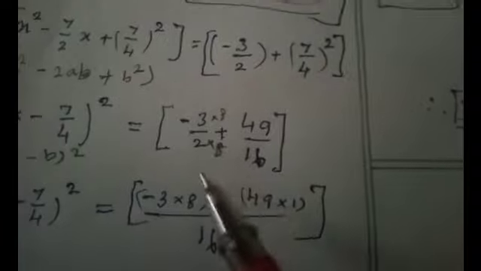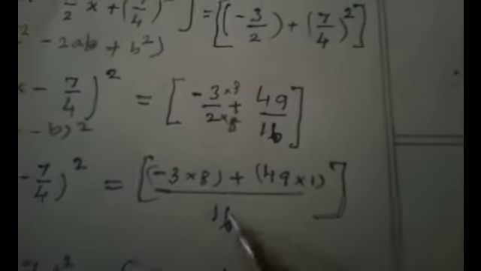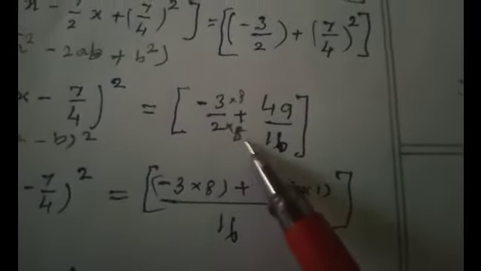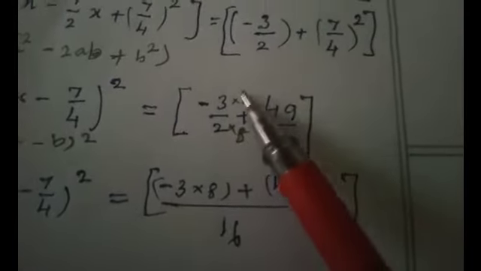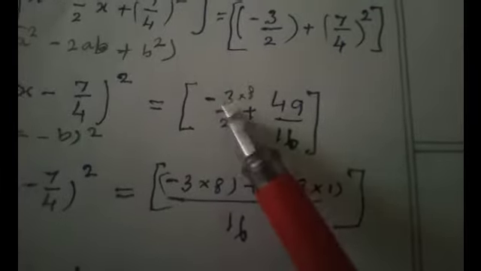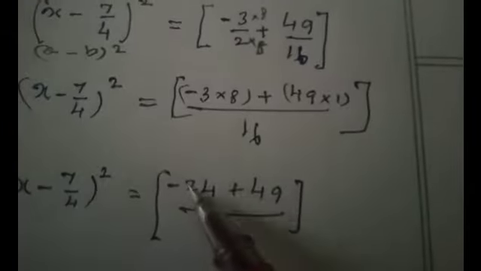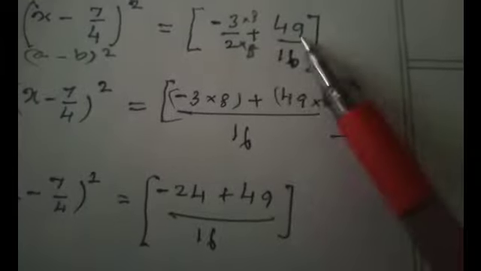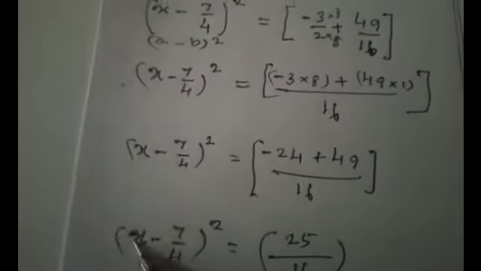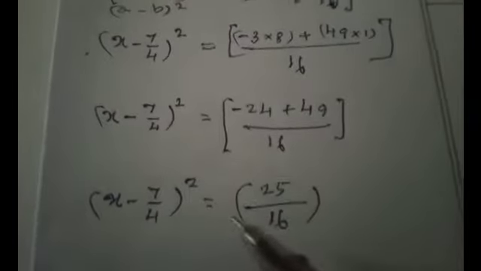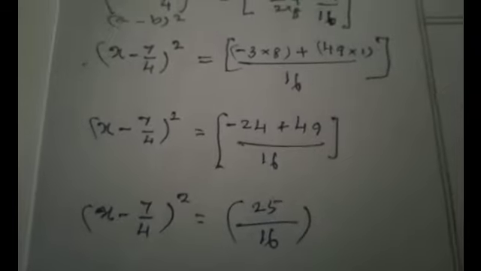By taking LCM, I have taken 16 as LCM, which means this 2 has to be multiplied by 8 so that we will get 16. So the numerator also has to be multiplied by 8. So minus 3 into 8 is minus 24, and this is 49 into 1, that is 49. On simplification we will get minus 24 plus 49 is plus 25 divided by 16, which means x minus 7 by 4 the whole square is equal to 25 by 16.